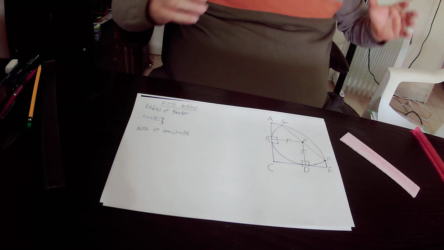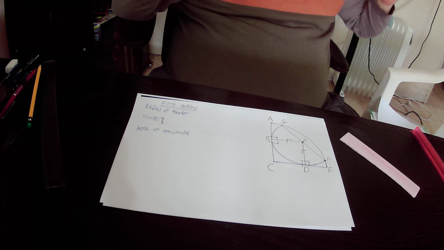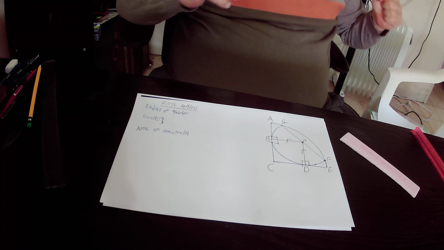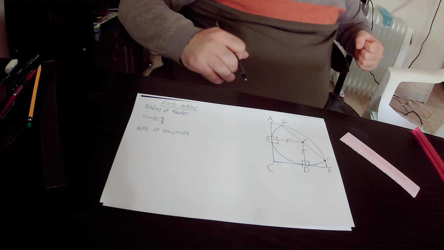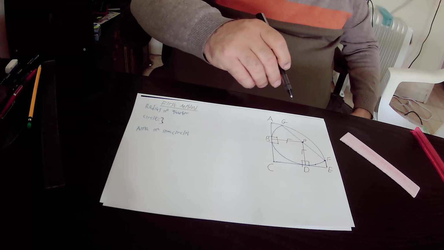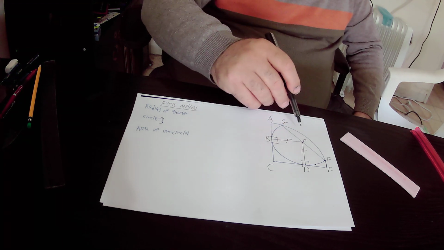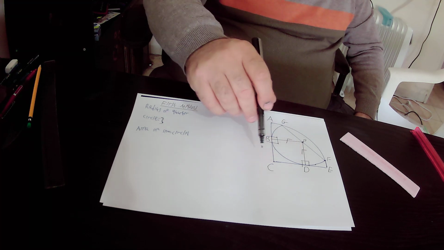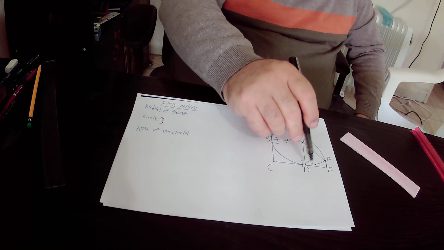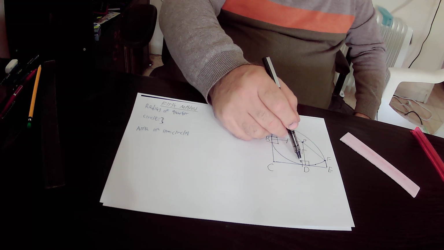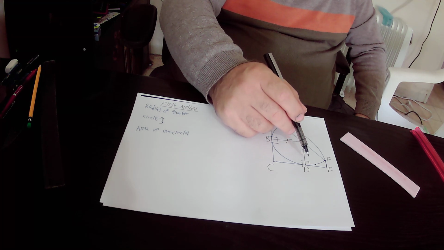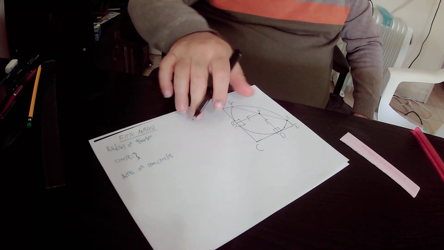Again, tangent CE is perpendicular to the radius OD, according to rule number 1.